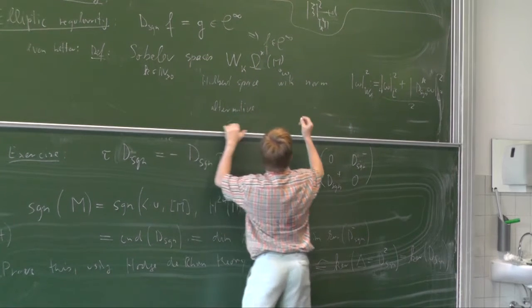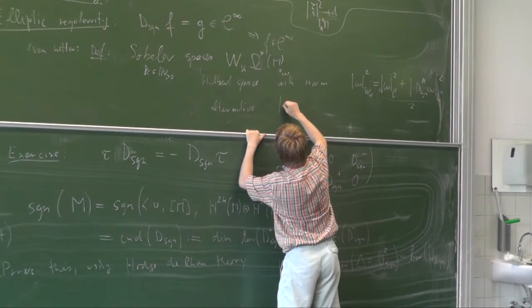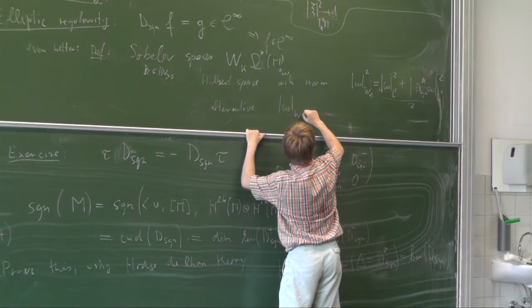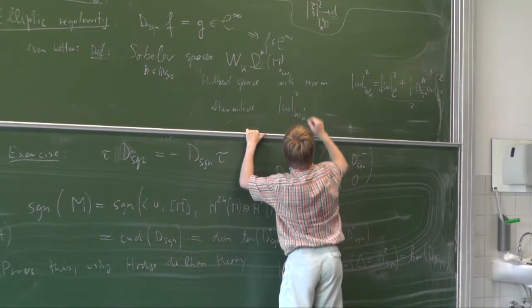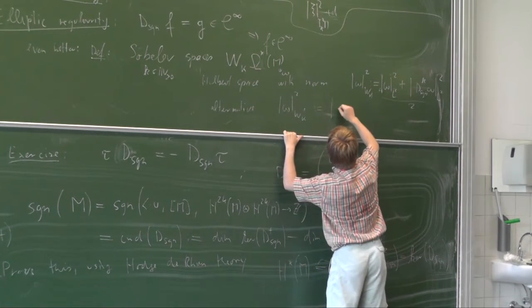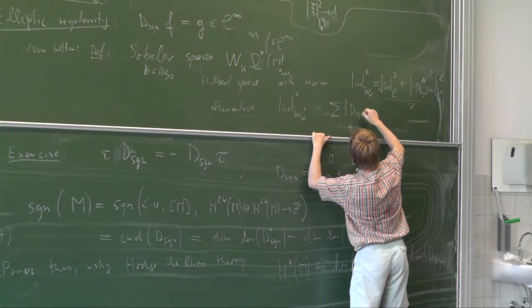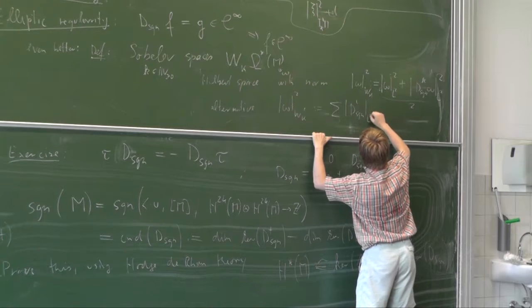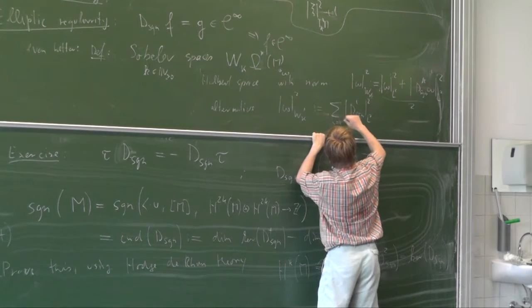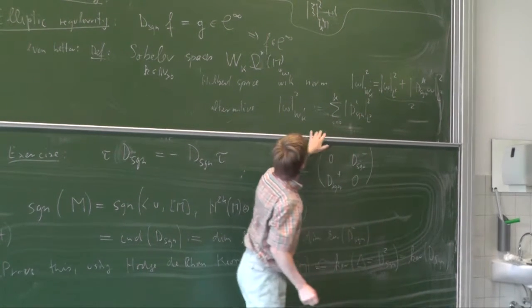Alternatively, just to show you that there are more ways to do that, we could take a different norm where we sum over the L2 norms of all powers of the signature operator from 0 to k.